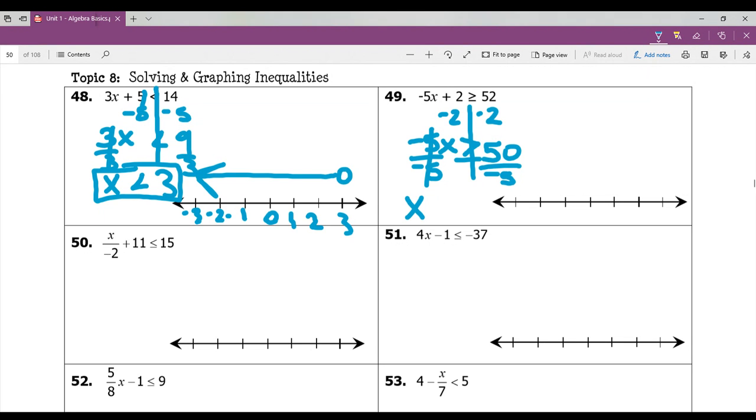Inequalities are different because when you multiply or divide by a negative number, at any point, I don't care when you do it, any point, you must turn that sign around. We started with greater than or equal to, so now we're going to say less than or equal to. And then 50 divided by negative 5 is negative 10. Okay?